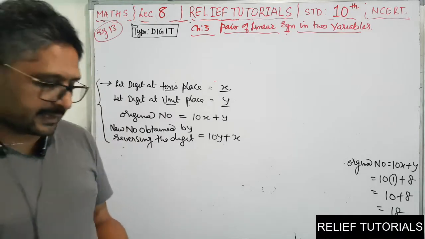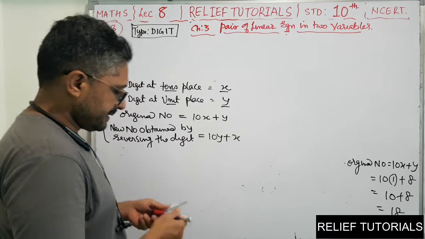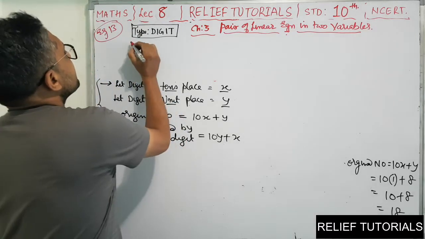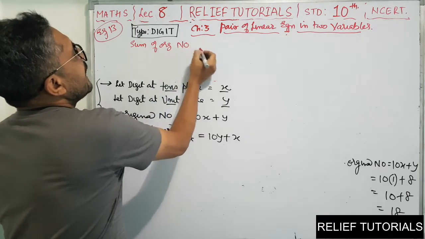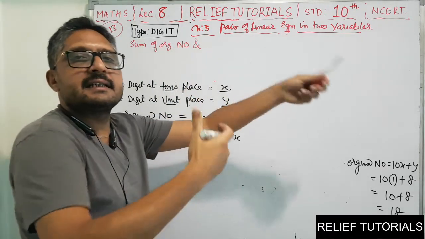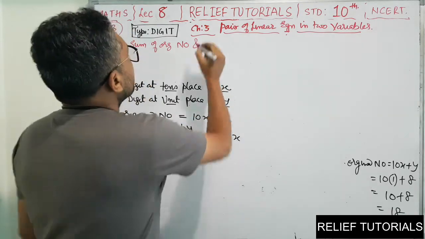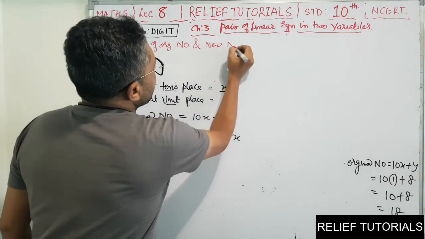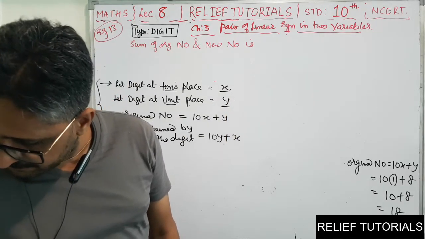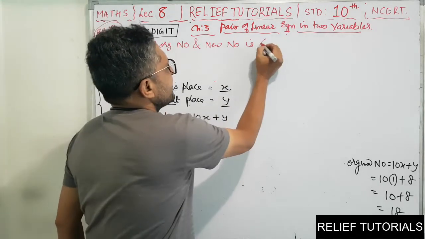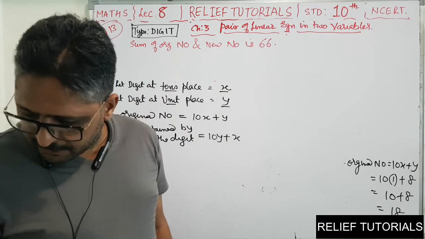So the sum of the original number and the number obtained by reversing the digits. The number obtained by reversing the digits is called the new number. So the sum of the original number and the new number is 66. This is the first condition.